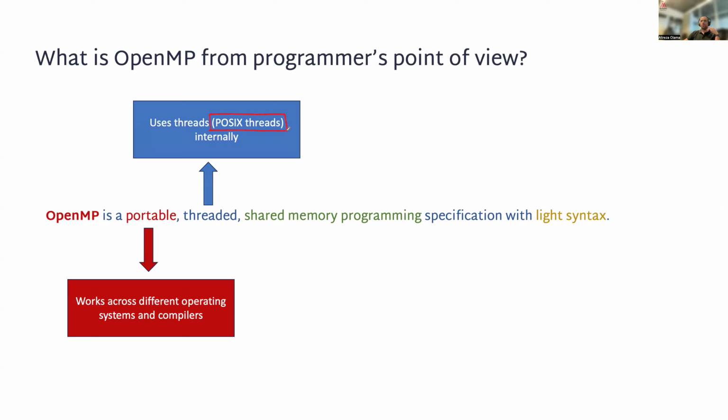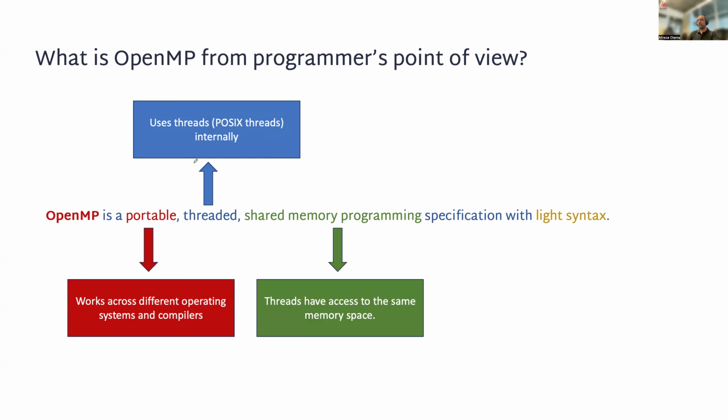But you as a programmer are not responsible for managing the threads, thread creation, join operations, and everything. It's up to the OpenMP runtime environment to manage that. It is designed for shared memory programming, which means threads have access to the same memory space. So it's for shared memory and multi-threaded programming.